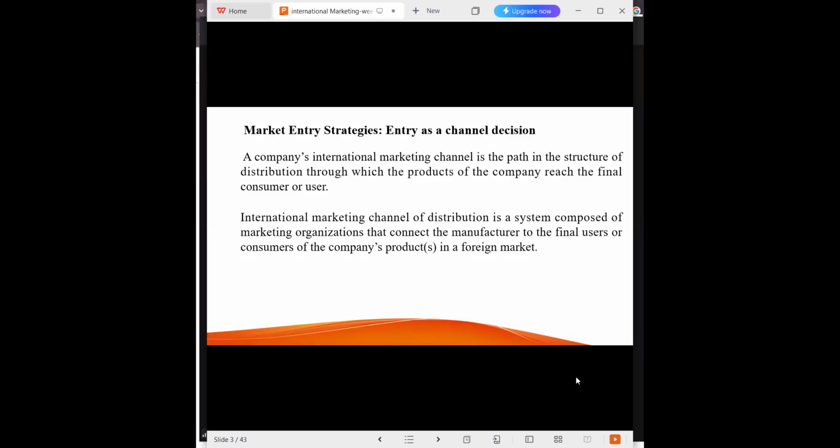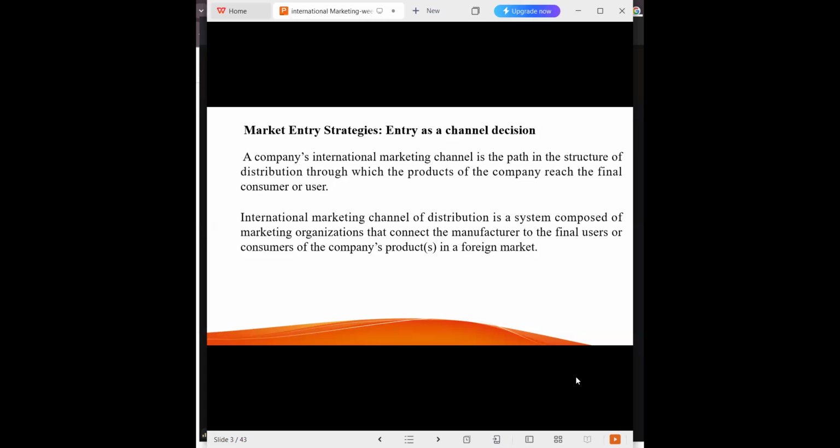And here it is saying that a company's international marketing channel is the part in the structure of the distribution through which the product of a company reaches the final consumer or user. So it's just a channel in which the product will move from the producer to the final consumer. And that is a very important strategy that an organization will have to consider.